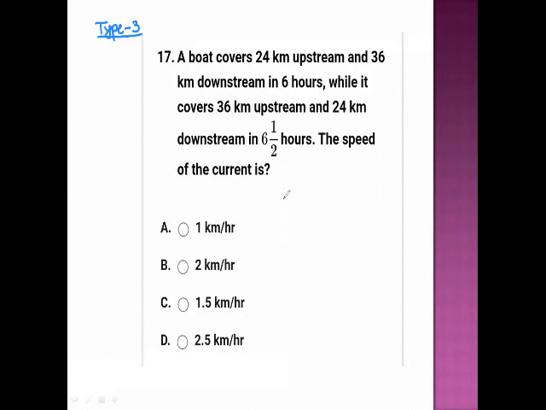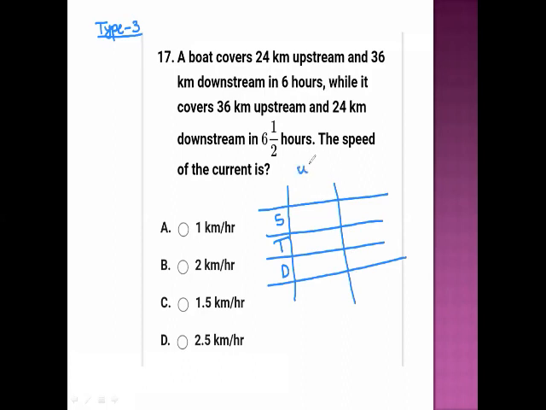A boat covers 24 km upstream and 36 km downstream in 6 hours. So they have given the upstream details. I'm tabling here speed, time and distance.